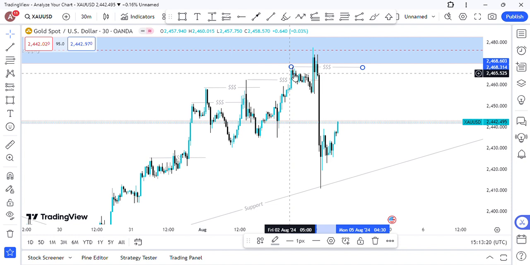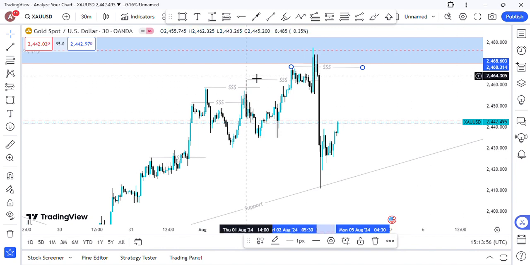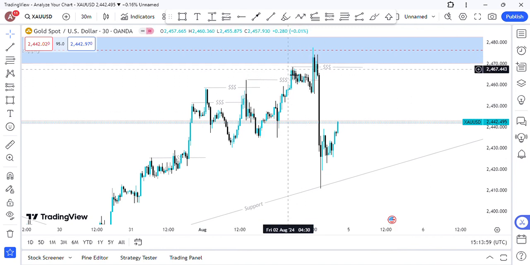It started falling. So guys, just like I was saying, at the same time liquidity was grabbed over here.